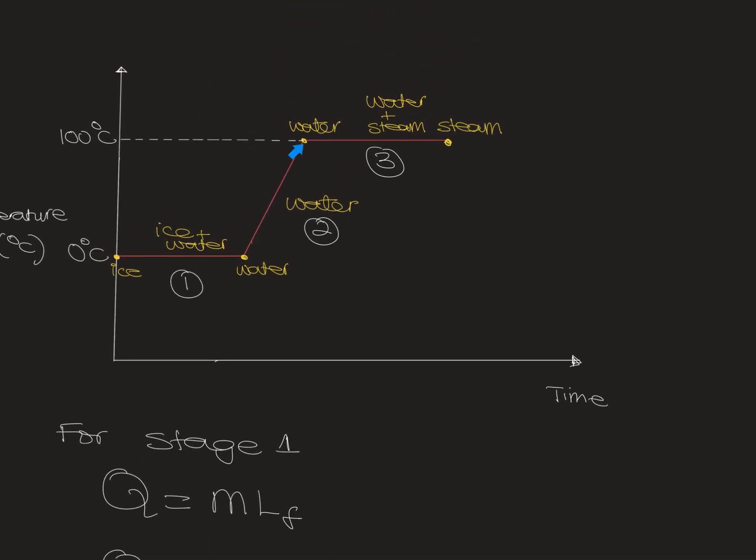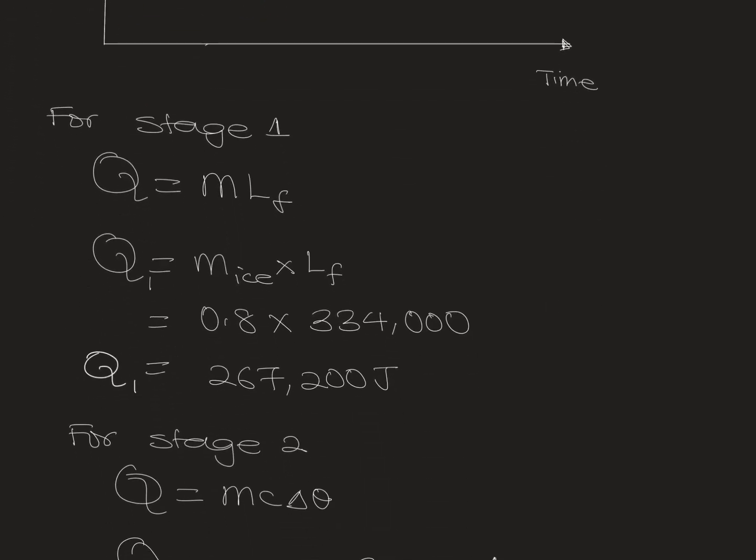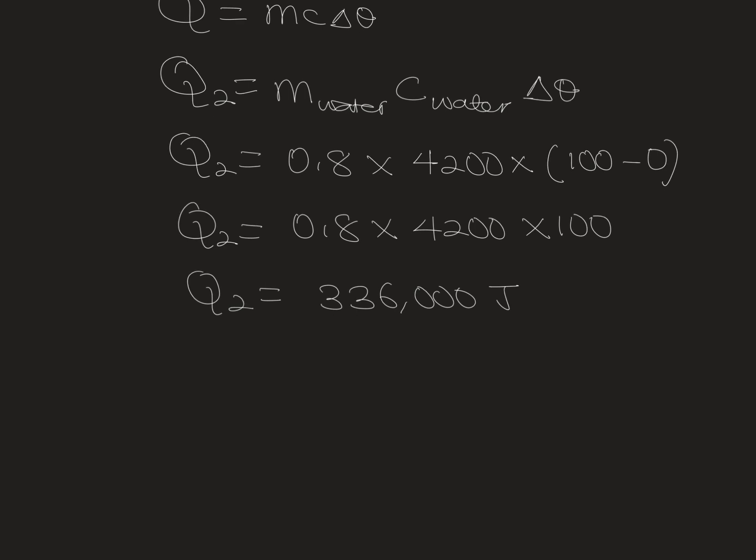Moving on to stage 3. Stage 3 is we have water at 100 degrees Celsius that is converted to steam, so that is a phase change. So if it is a phase change, we're going to say for stage 3 that Q is equal to mL_V, the mass times the specific latent heat of vaporization.